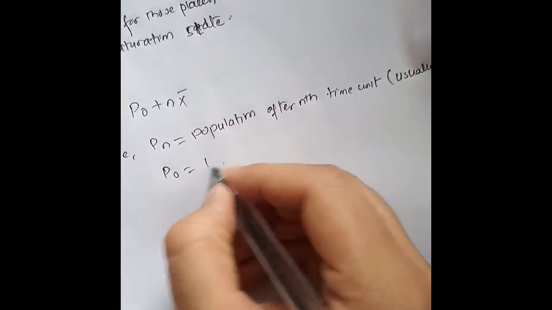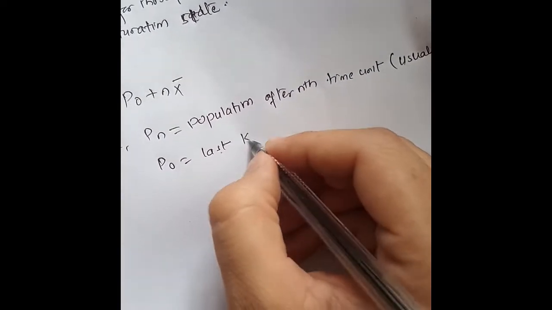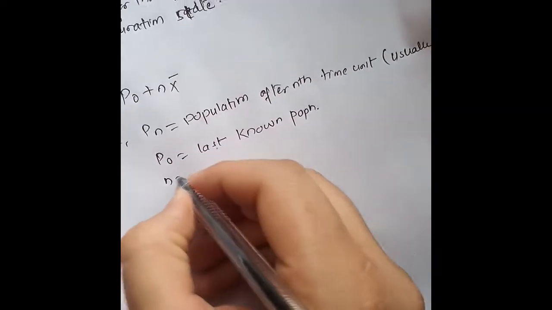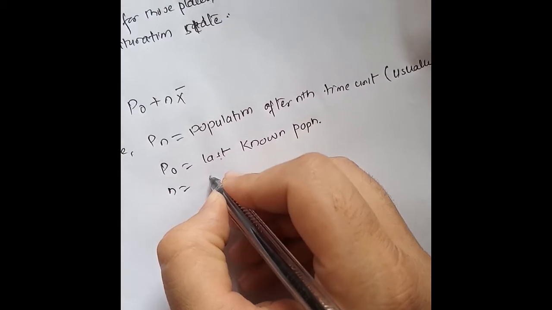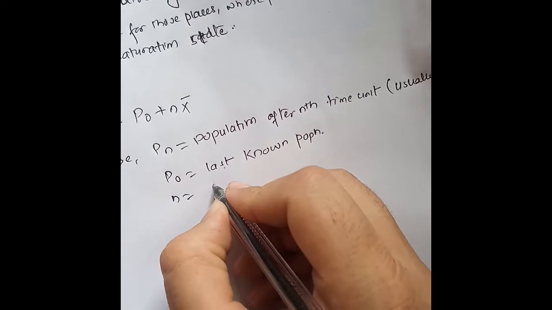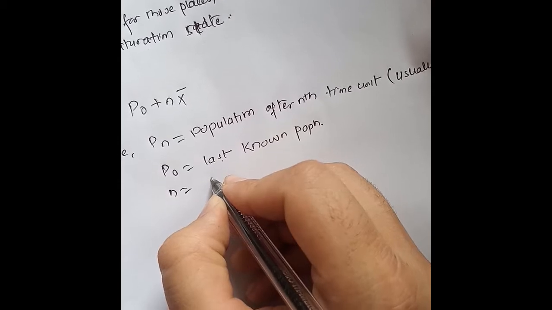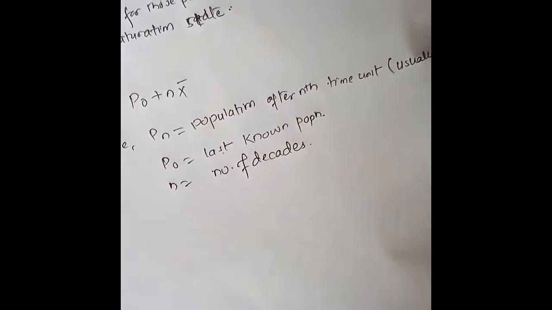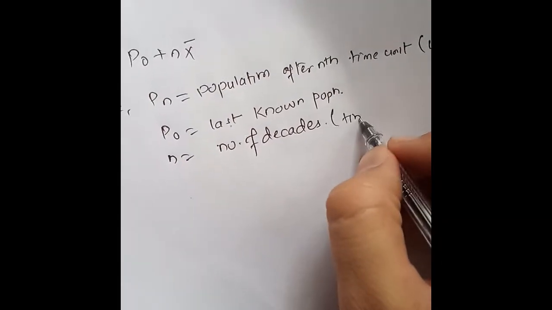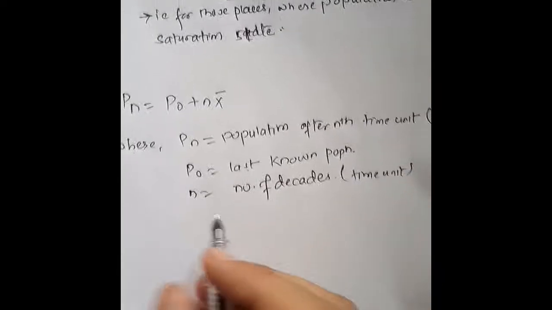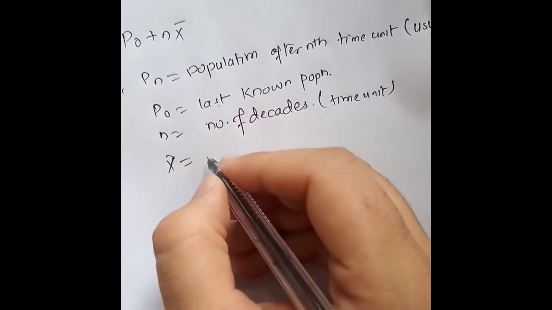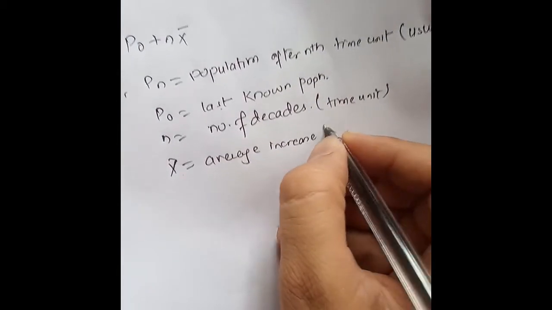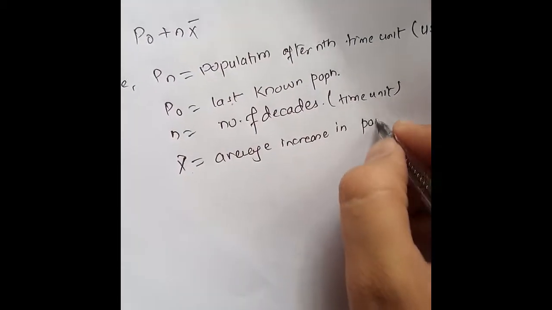P naught is your last known population. n is your number of decades or time interval, usually in decades, so it is the time unit. x bar is your average increase in population.